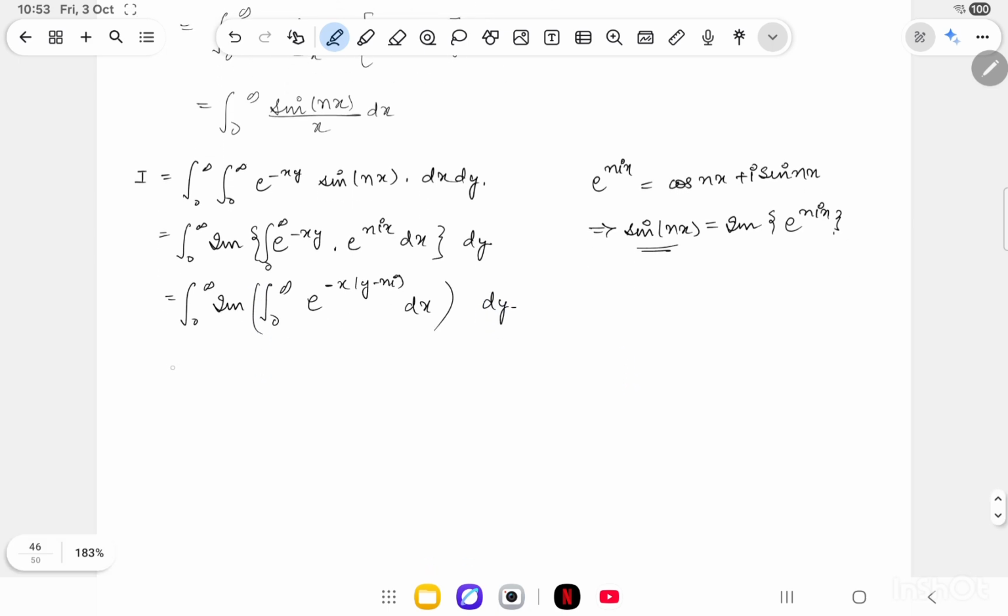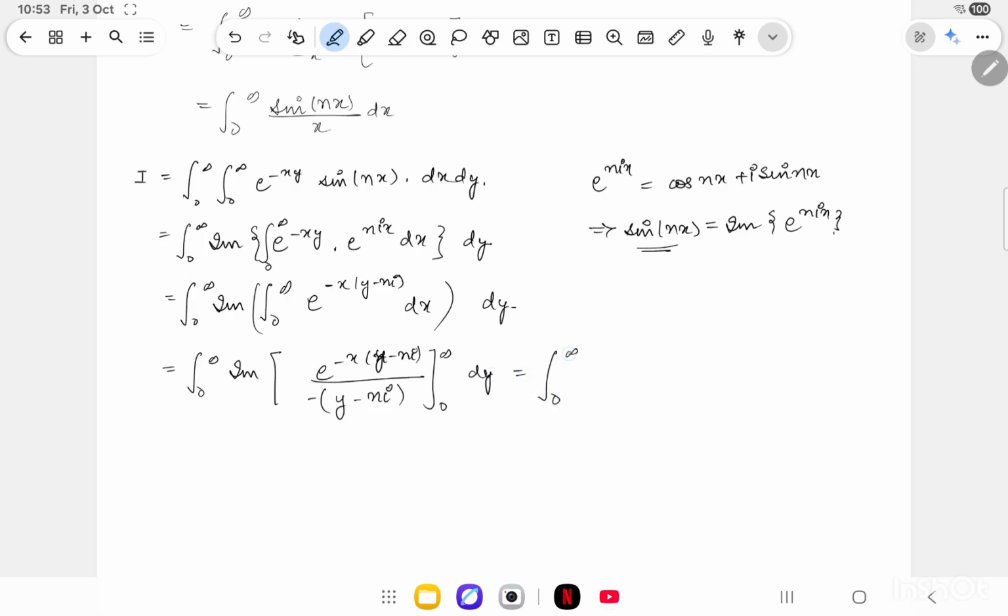Now the integration of this term will be e raised to minus x(y minus ni) divided by minus of (y minus ni), with limits varying from 0 to infinity, dy.